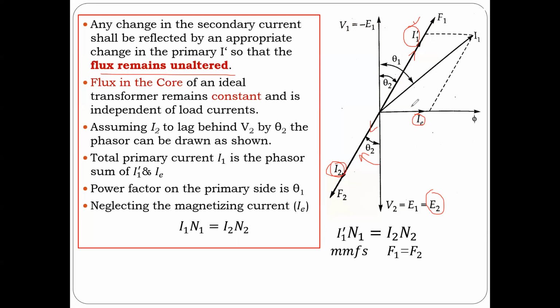That the total current that comes from the generator is now this plus this, or in other words, it's this now. Okay. And so what will be the power factor on the primary side? It's going to be this much.